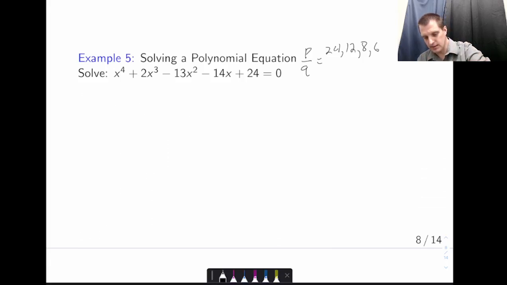Nope, a 6, a 4, a 2, and a 1. Let's see. 1 times 24, 12 times 2, 8 times, so we missed 3. And then once again, all over 1, and it's plus or minus, so we have all those different possibilities.